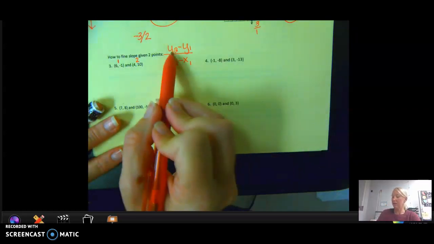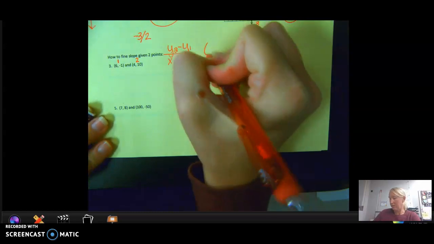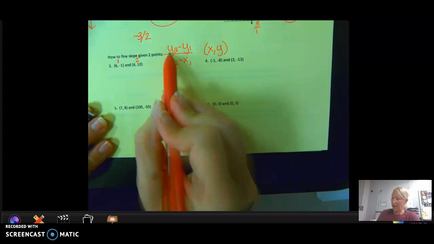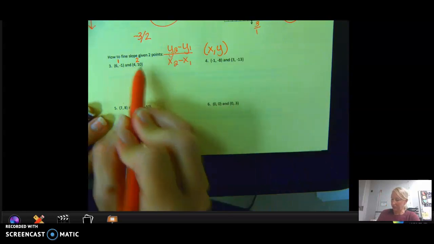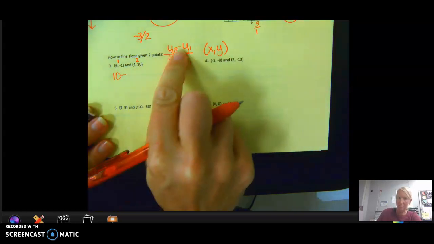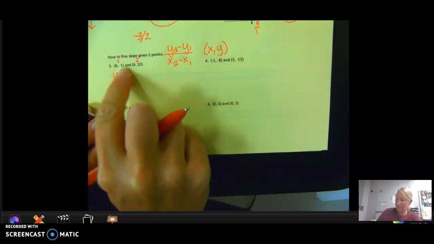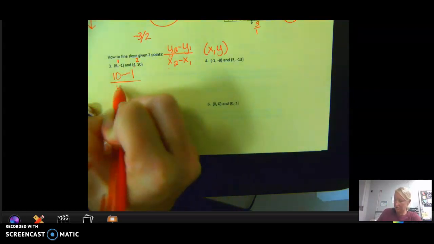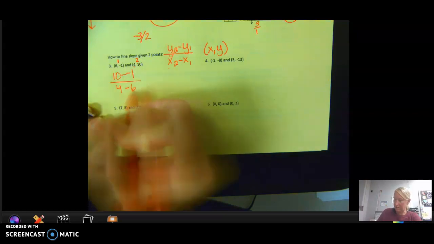So I'm looking for the second y. Remember, we write a point as x comma y. So my second y, first point, second point, y comes second, so it'd be 10. We always subtract my first y. My first y is negative 1 over my second x, so that'd be second x, 4, minus my first x, which is 6.